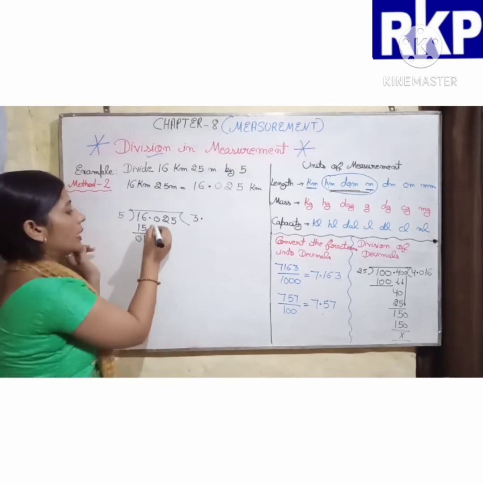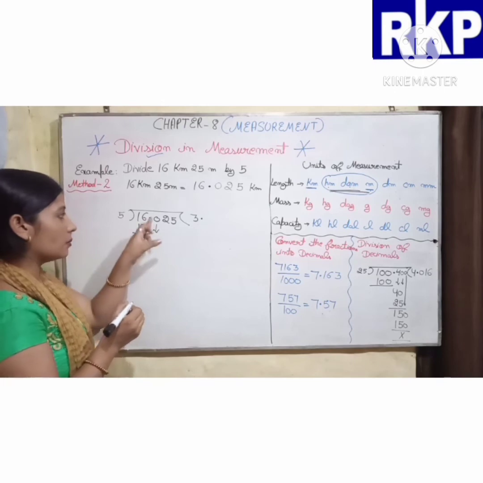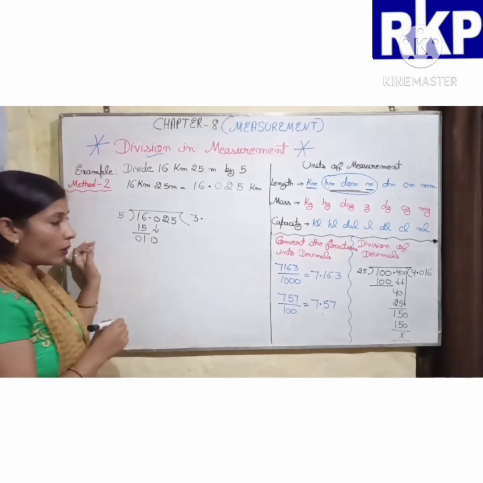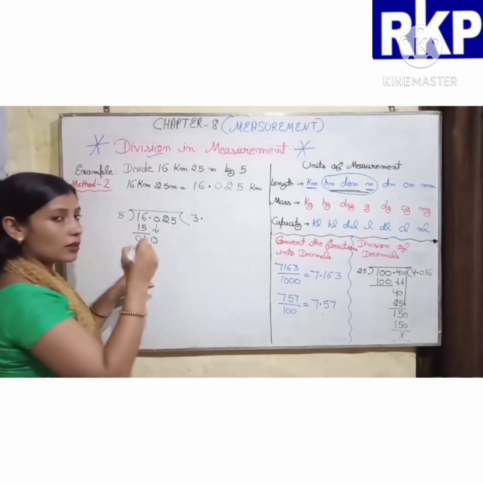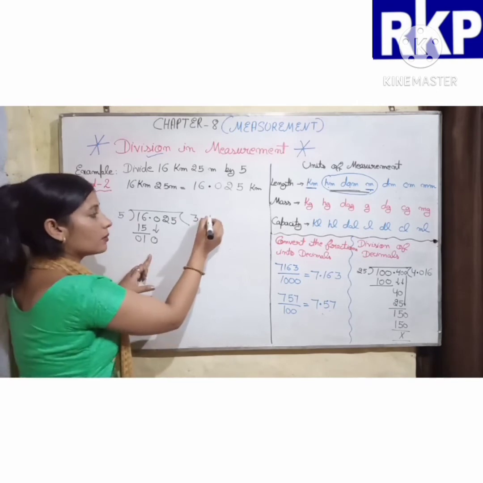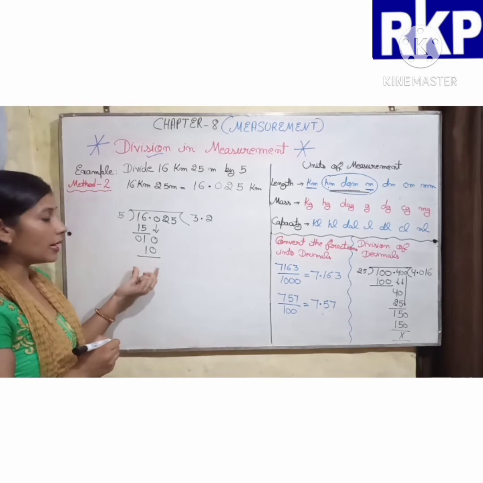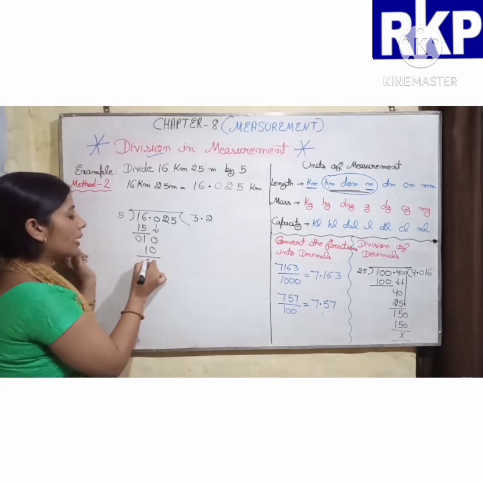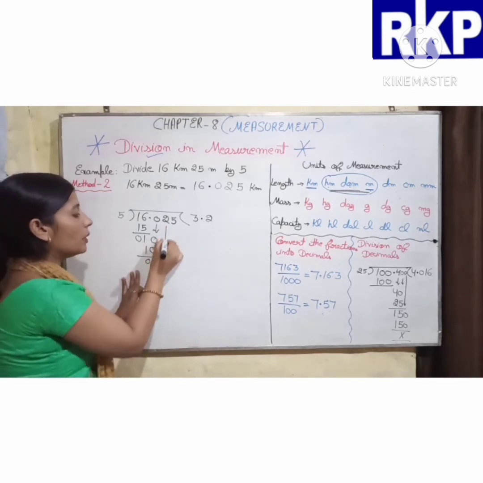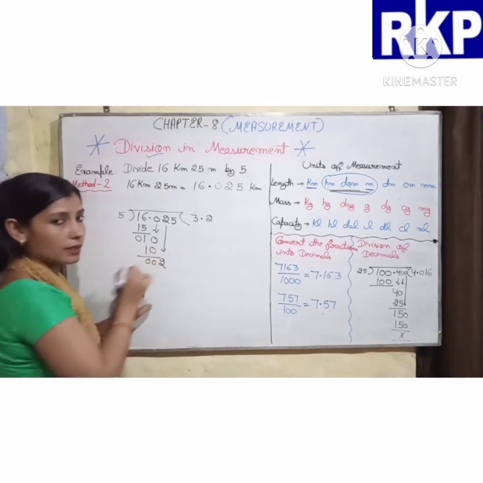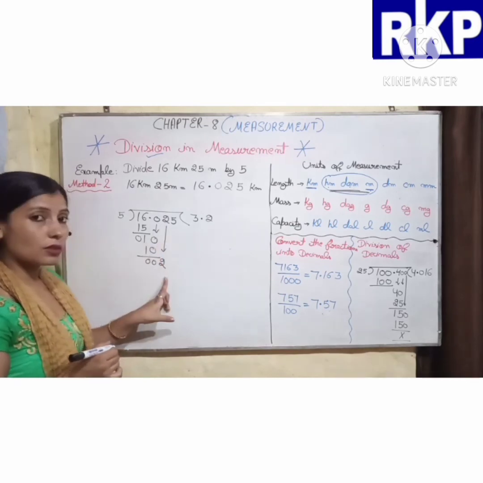Now let us take the next digit, bring down 0. 5 1s are 5, 5 2s are 10. So 5 2s are 10, and when we subtract 10 from 10, we get 0. Now bring down the next digit, and the next digit is 2.